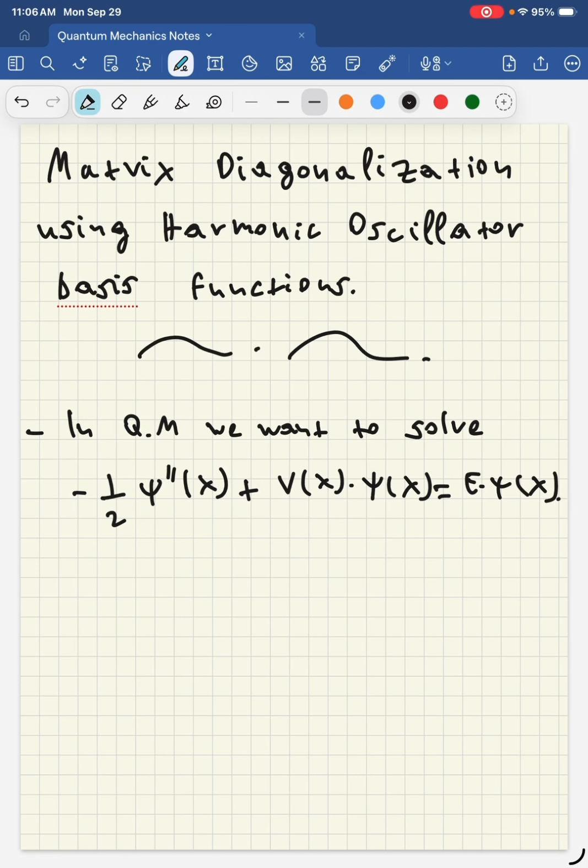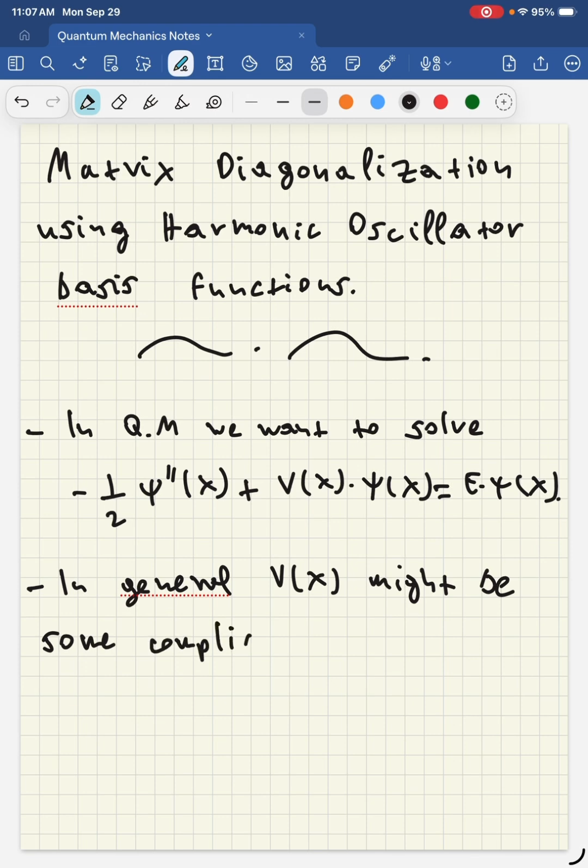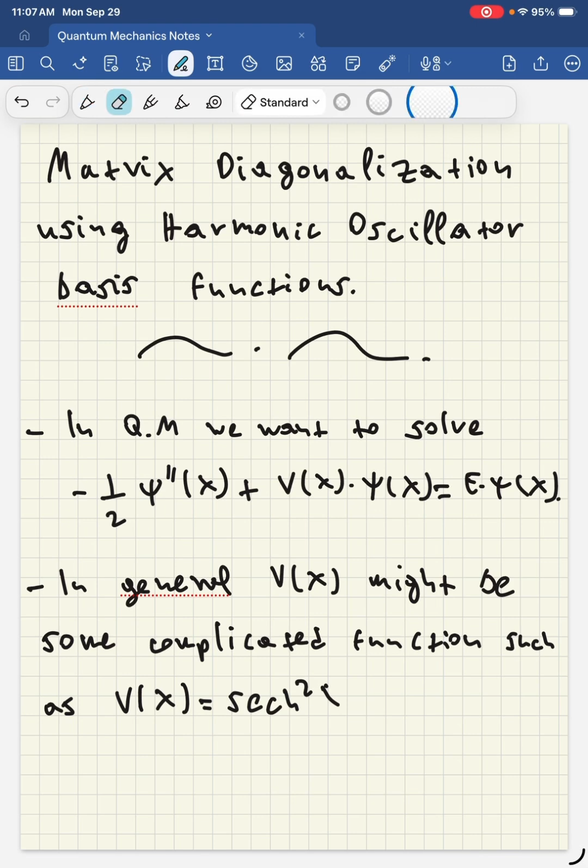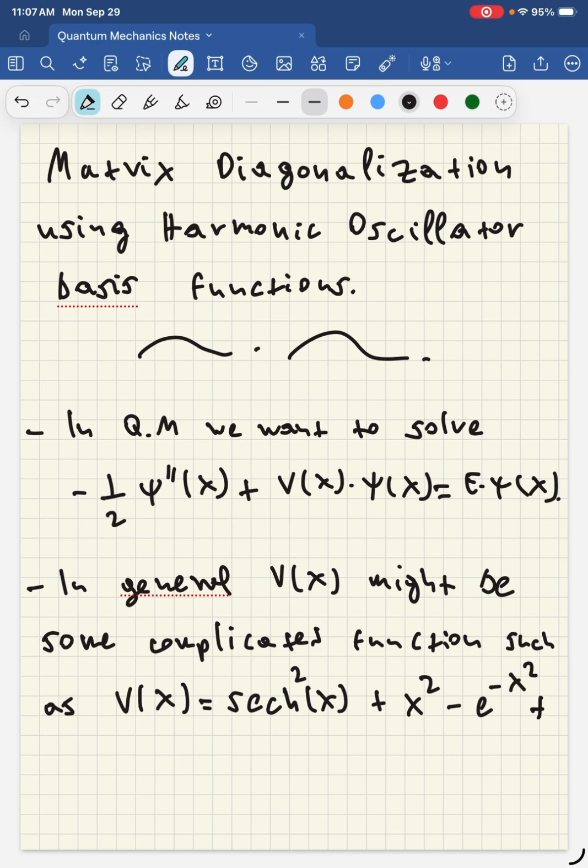But in the general case, V of x might be some complicated function, such as V of x equal to the hyperbolic secant squared of x plus maybe x squared minus e to the minus x squared plus dot dot dot.